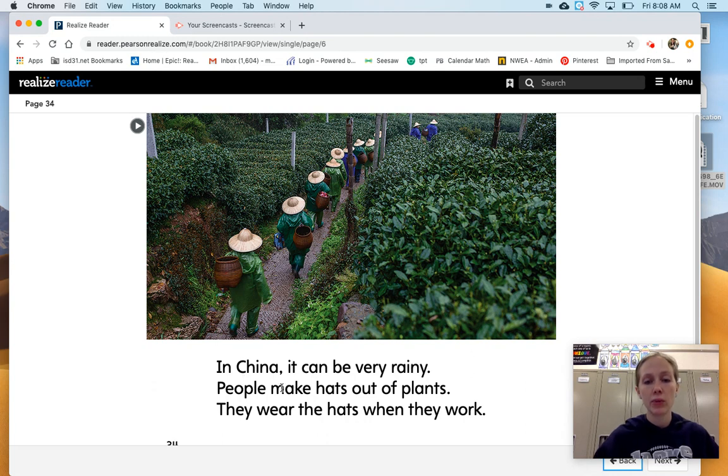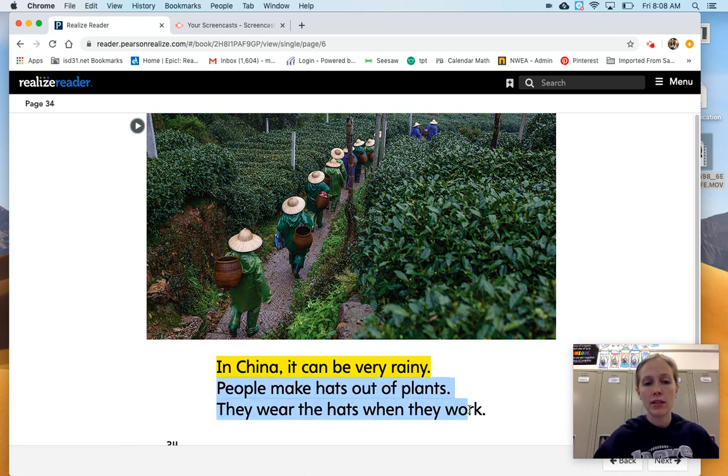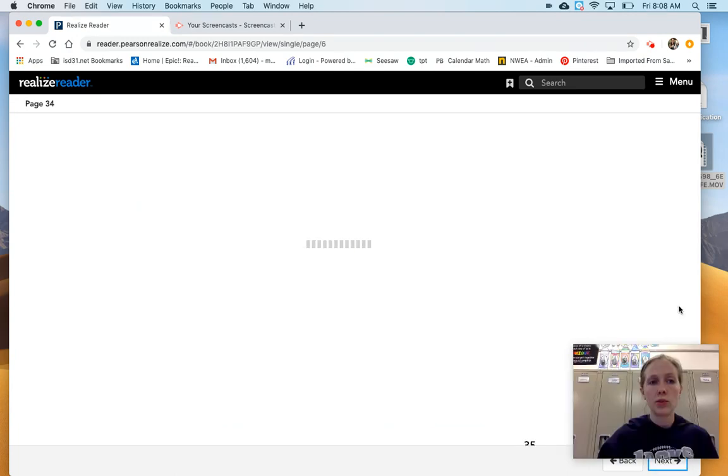Let's highlight the words that tell us. They say, in China, it can be very rainy. People make hats out of plants. They wear the hats when they work. Go ahead and highlight all 3 sentences on that page. And then turn the page to page 36 when you're ready.